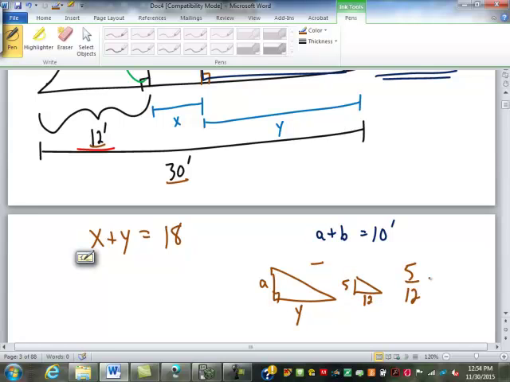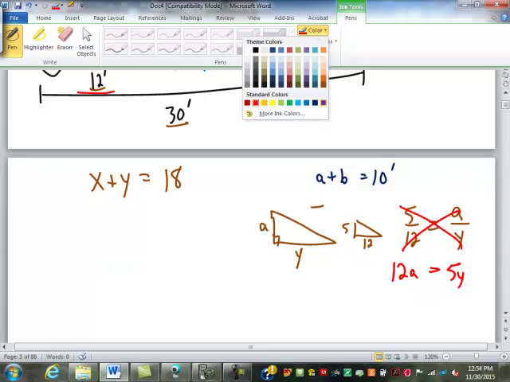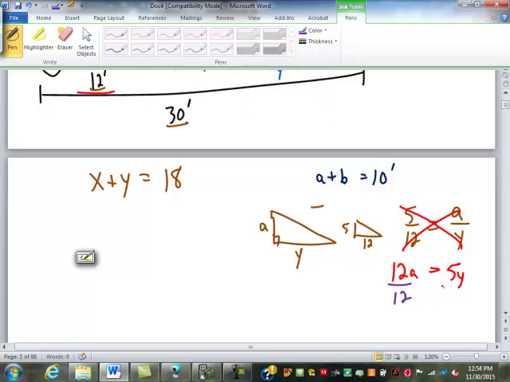So 5 over 12 equals a over y. Good. So now we've got 5 times y is 5y. A times 12 is 12a. So I'm going to divide by 12 to get that a equals 5/12 y. So I can replace a with 5/12 y.